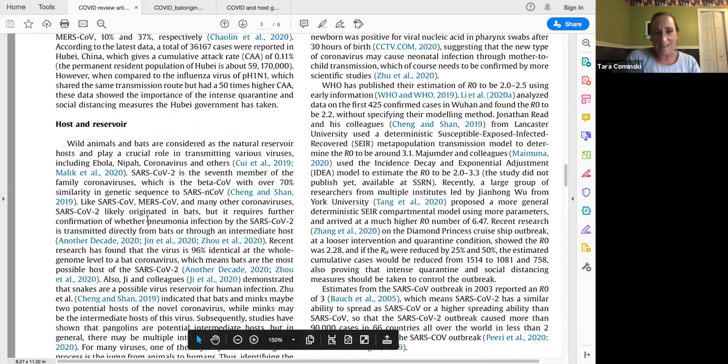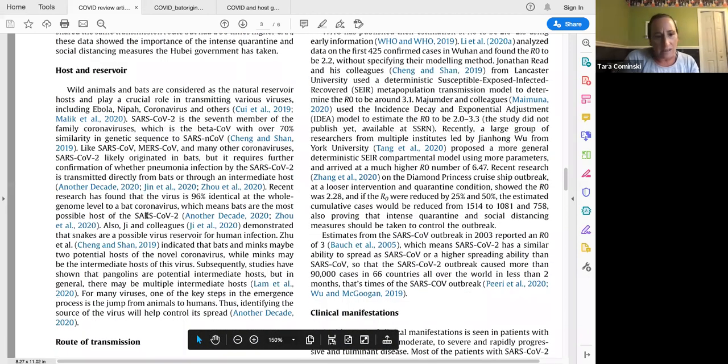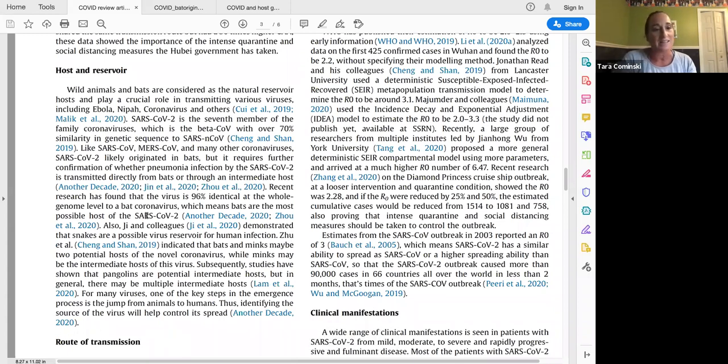It's interesting, I think it cites one of the studies where they found a 96%, here, right? Recent research has found that the virus, the COVID-19, whatever you want to call it, is 96% identical at the whole genome level to a bat coronavirus, which means that bats are the most possible host.